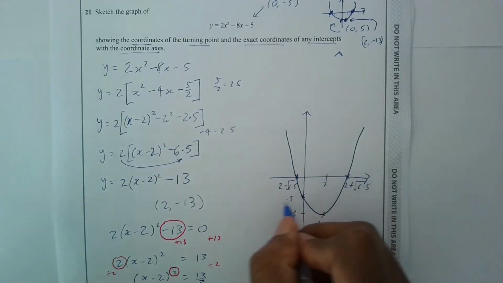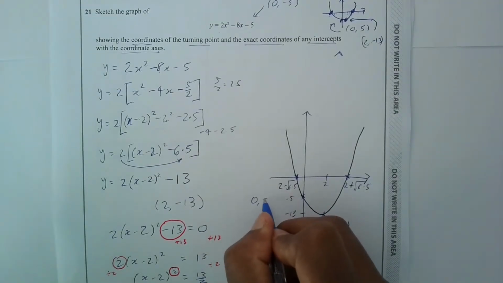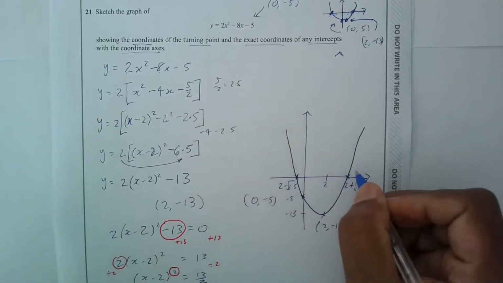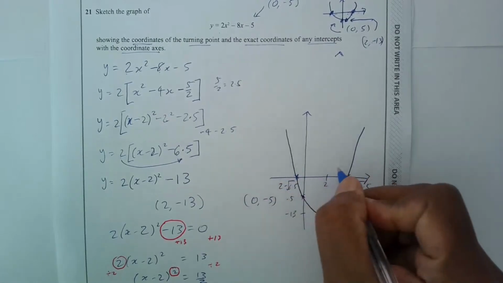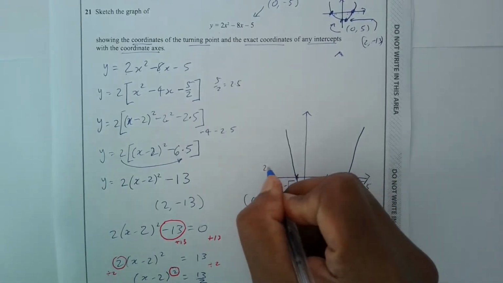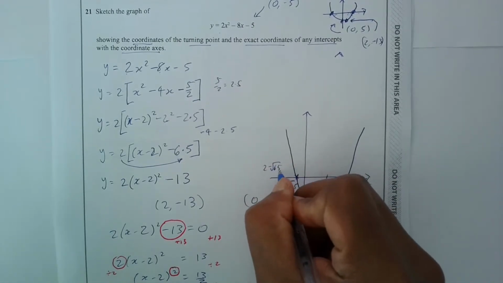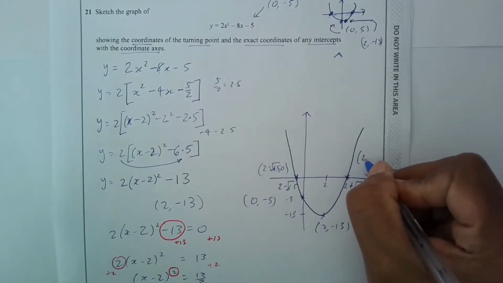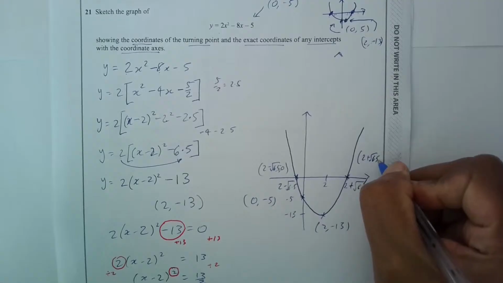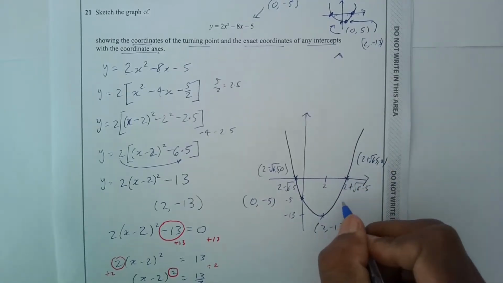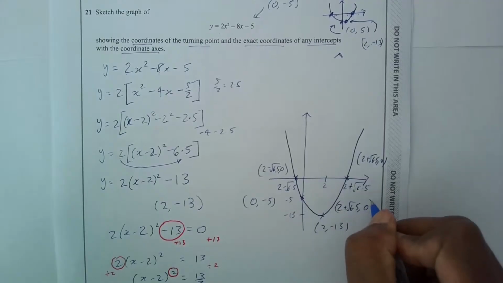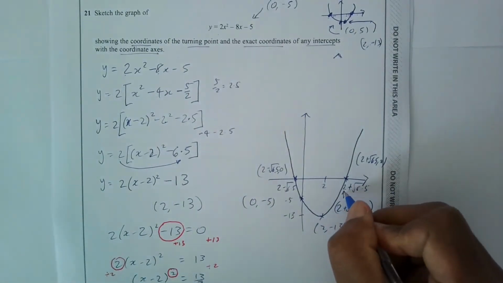So let me put this as (0, -5), and this one was (2 minus square root 6.5, 0), and the other one is (2 plus root 6.5, 0). It's not very clear, is it? (2 plus root 6.5, 0). Okay, so it's quite clear there.